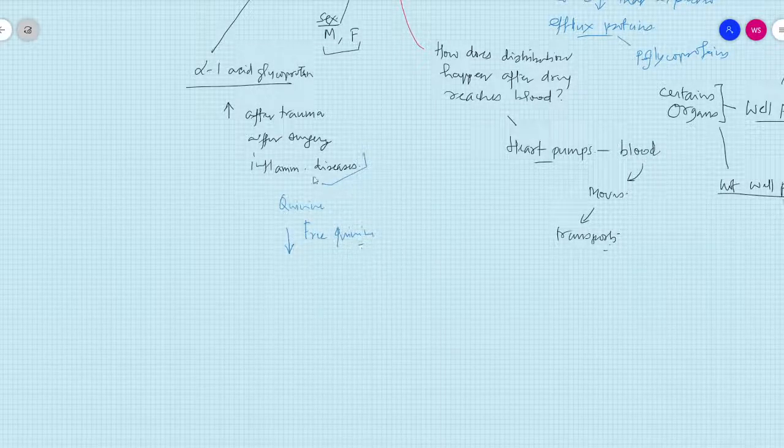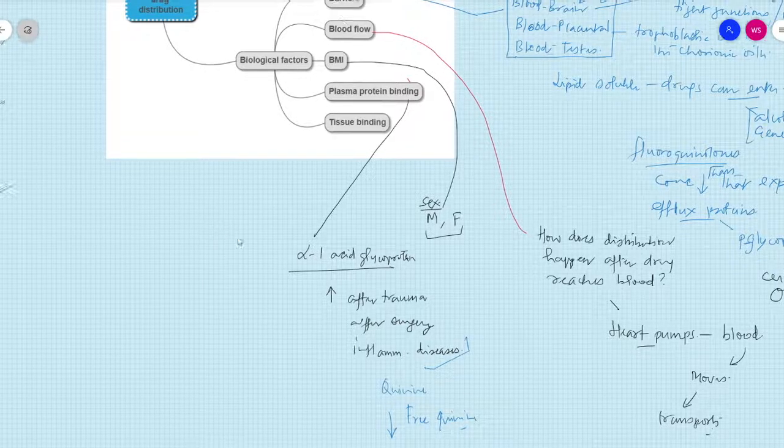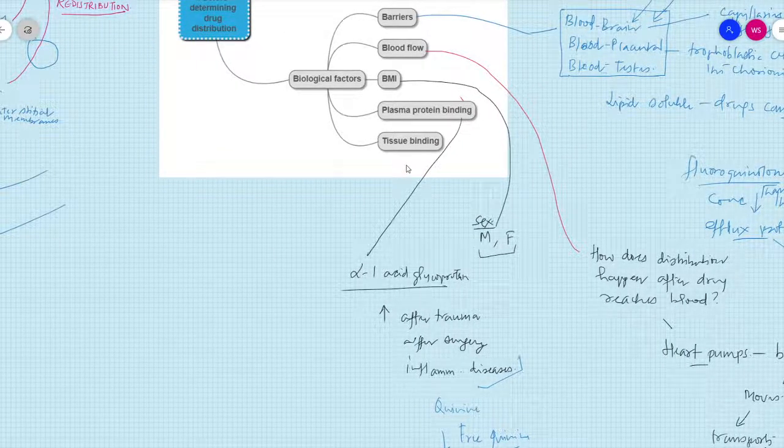As a result, the drug won't be effective in this kind of patient. That's the thing we need to remember about alpha-1 acid glycoprotein. Then tissue binding, the next factor.